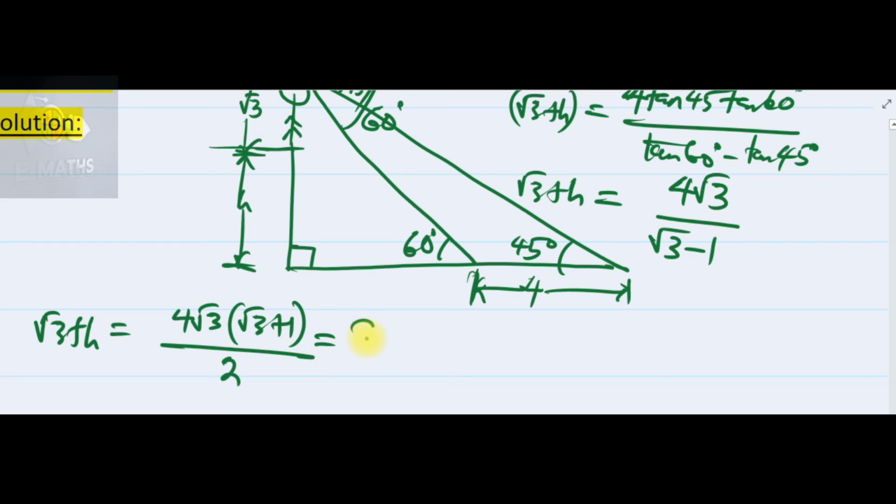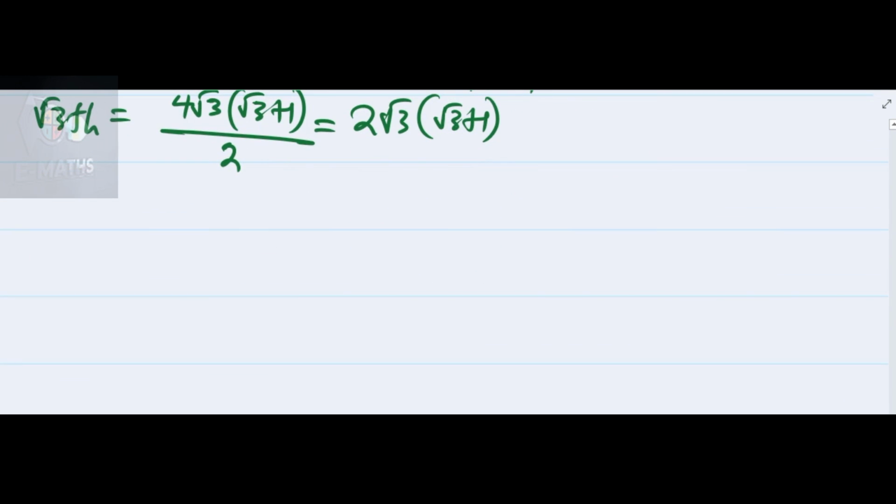So we have 2 root 3 times root 3 plus 1. So the next thing is to make h the subject of the formula. Therefore h is now 2 root 3 times root 3 plus 1, minus root 3.